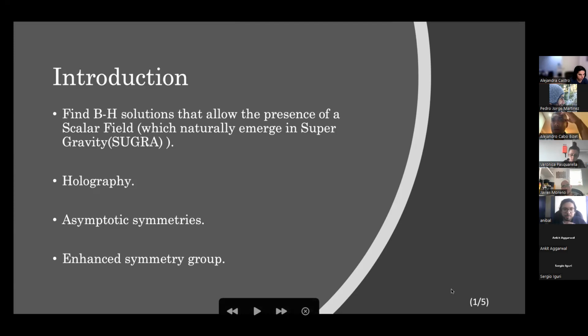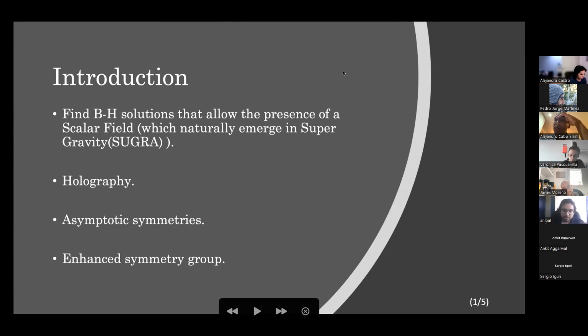Some of you may be familiar with the no-hair theorem that says that you can't have black hole solutions with a matter field. This was a problem for us because we wanted to include a scalar field in the theory. The way of making it work is to include a potential that violates one of the hypotheses of this theorem.